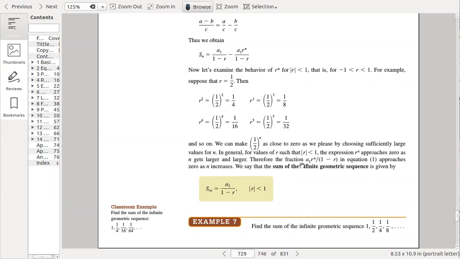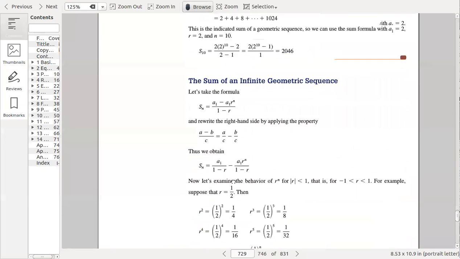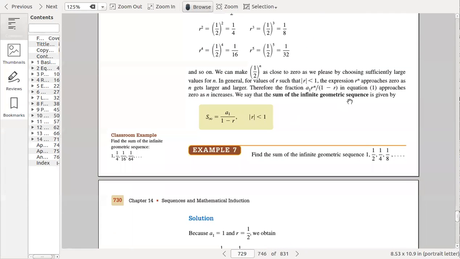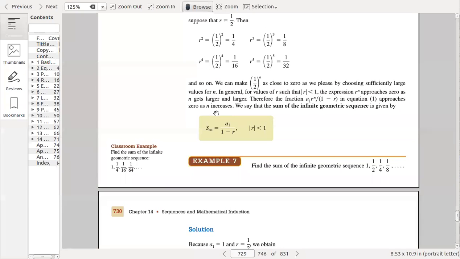Therefore, the fraction a1 r power n over 1 minus r, the second term in equation 1, approaches 0 as n increases. So we say that the sum of the infinite geometric sequence is given by S infinite is equal to a1 over 1 minus r, with absolute value of r less than 1.